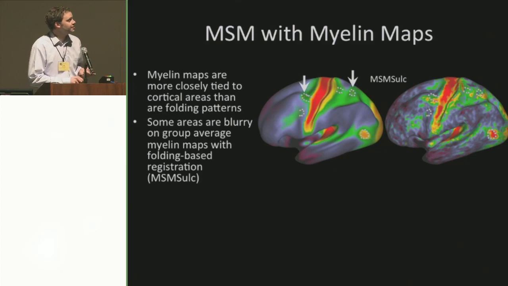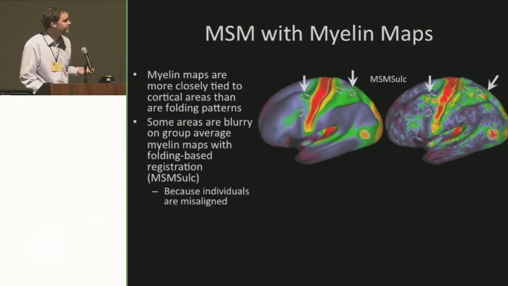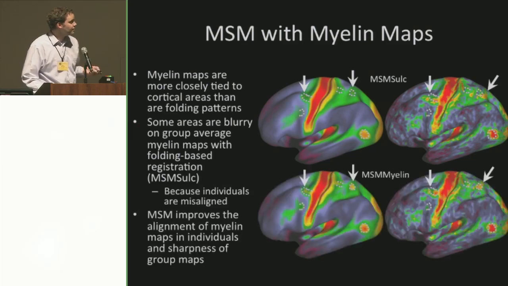And we can see why they're a bit blurry. This is an individual subject here, and we've got misalignment between the areas, the white dots, and the individual subject areas. But MSM improves the alignment of Myelin Maps, so now we get much sharper hotspots of myelin, and that's because the individual subject data is now better aligned.